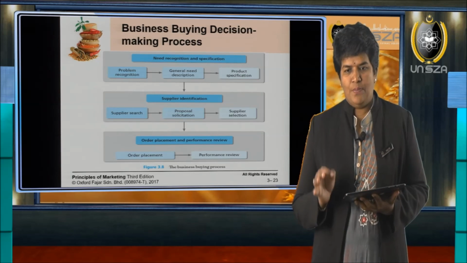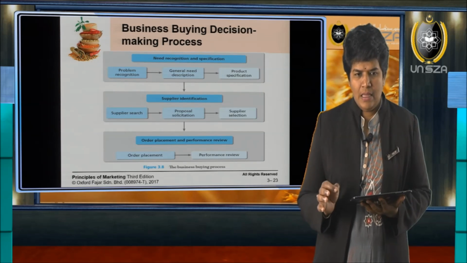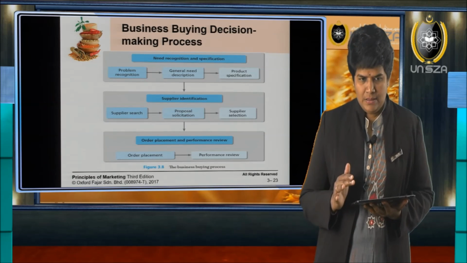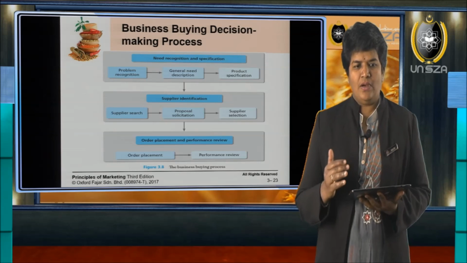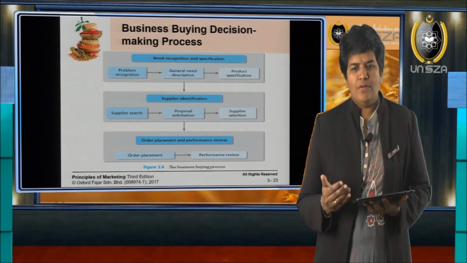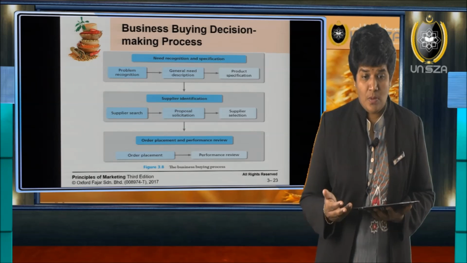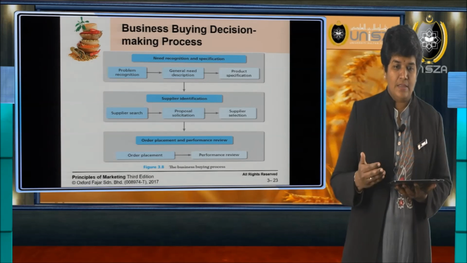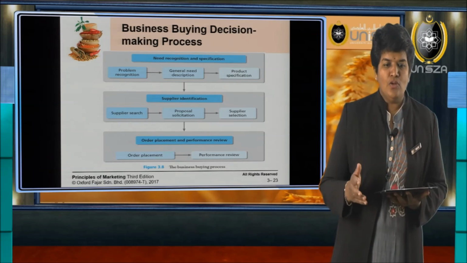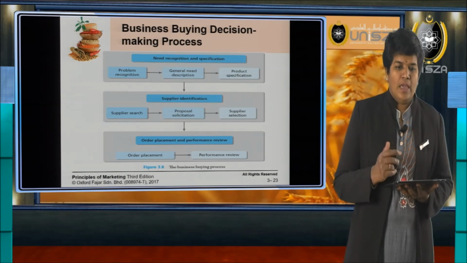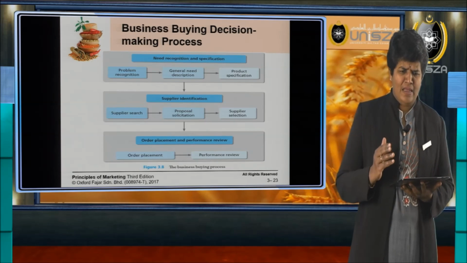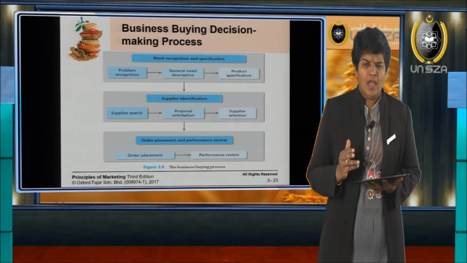Once product specification is done, we need to identify the supplier. So we have to carry out supplier search, then we have to come up with the proposal, and we evaluate the proposal, and we select the supplier. Then we place the order and we review the performance. So these are the main elements in the business buying process.